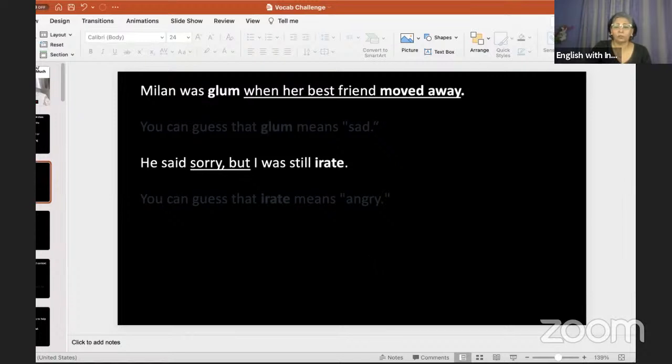If someone is moving away, we'll be feeling sad if we are close to that person. So if Millen's friend is moving away, that means Millen is what? Is she happy? No, she's not. So she is sad. So glum means what? Sad. You can guess that glum means sad.